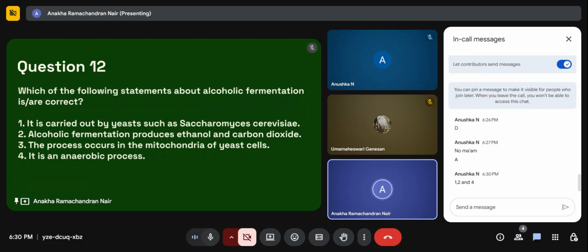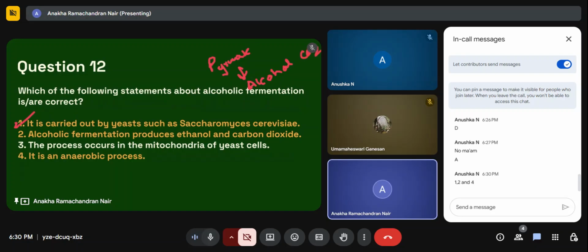1, 2, and 4. So let's see what the answer is. Yes, the answer is in fact 1, 2, and 4. It is carried out by yeast such as Saccharomyces cerevisiae. Alcohol fermentation produces ethanol and carbon dioxide. Yes, the pyruvate that is produced in glycolysis is converted into alcohol and CO2.